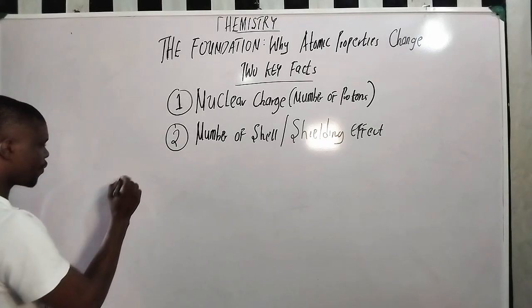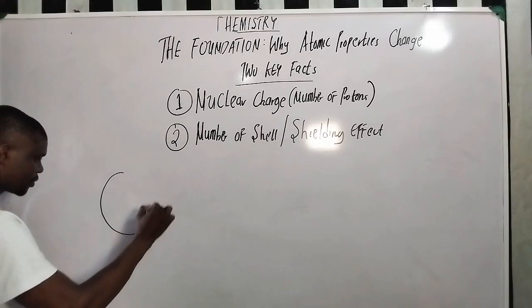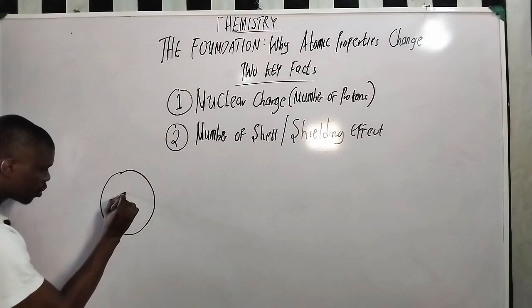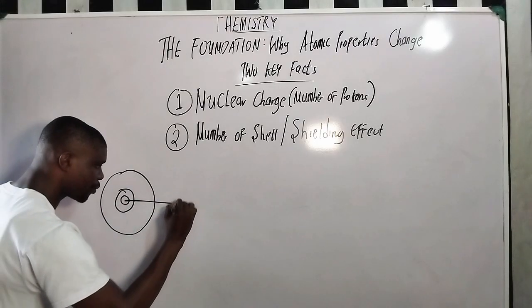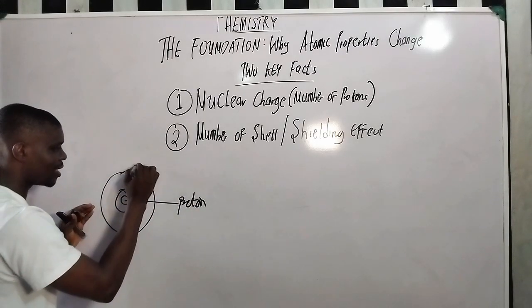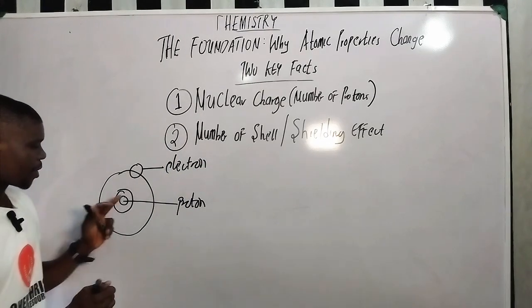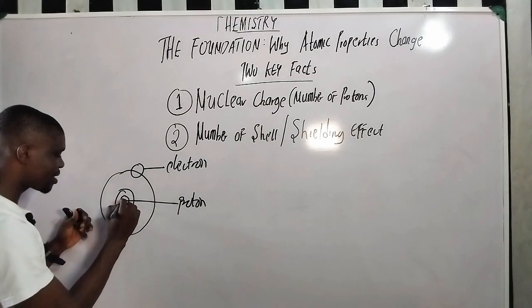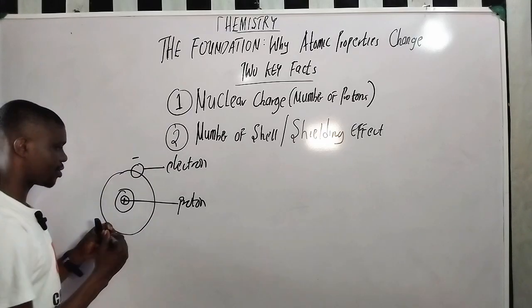Now remember, if you look at the structure of the atom, here we have the nucleus. The nucleus contains the protons. Let's say this is a proton, and this is an electron. Now remember, the proton is positively charged, while the electron is negatively charged.